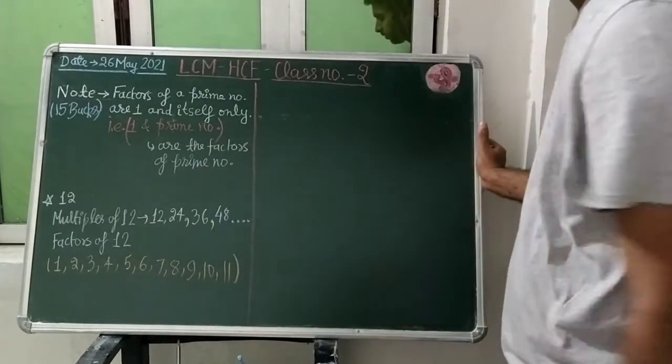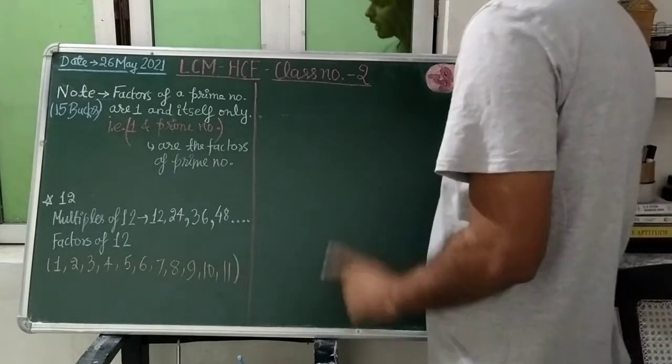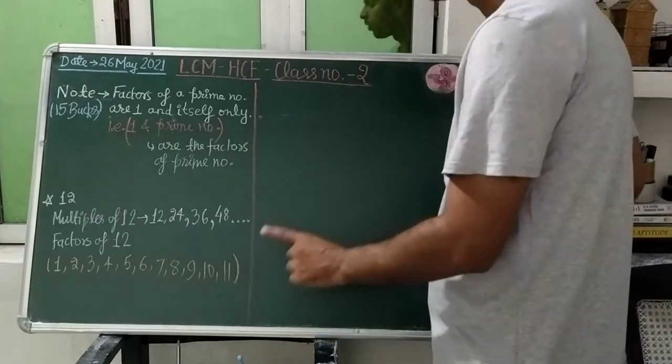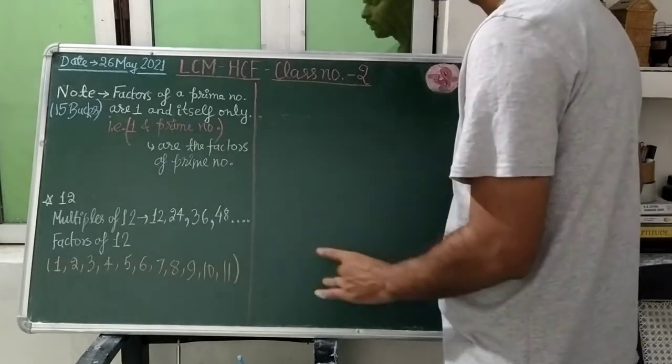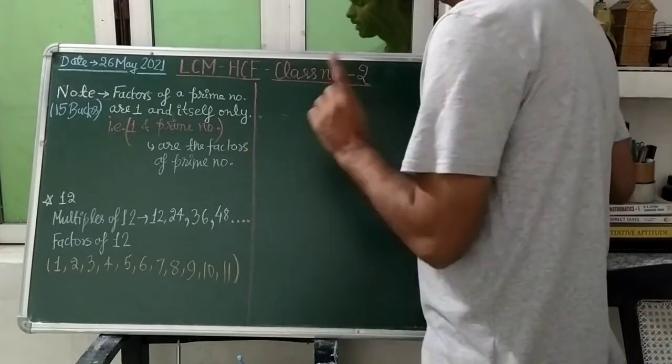Please notice this. We shall check which number from 1 to 11 is going to divide 12.